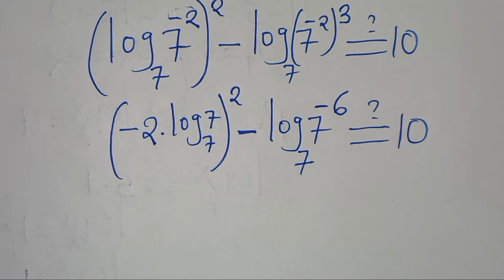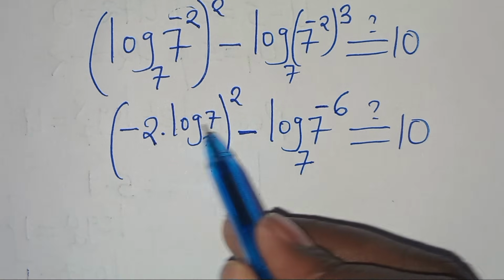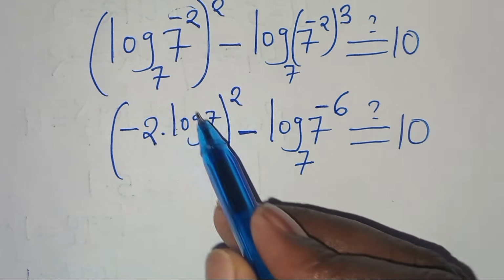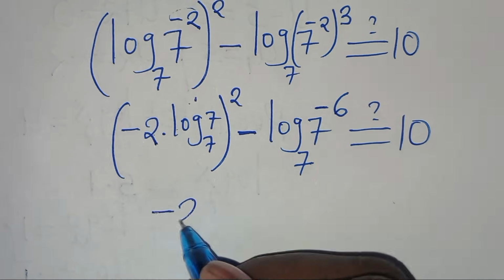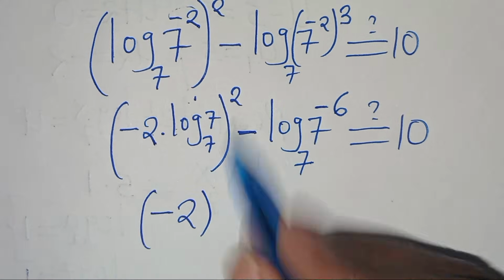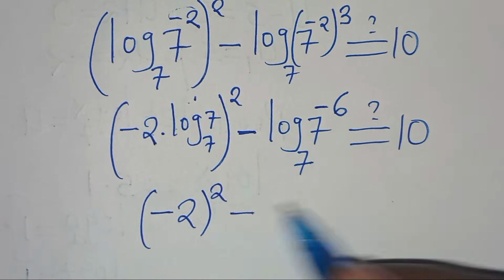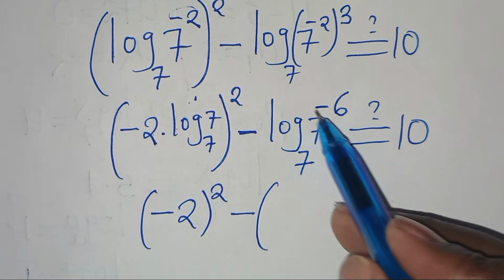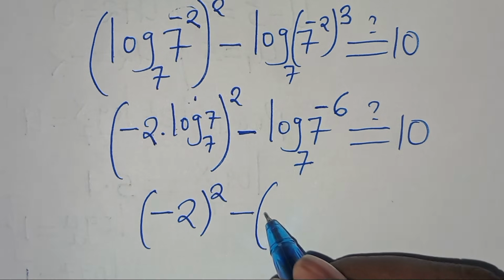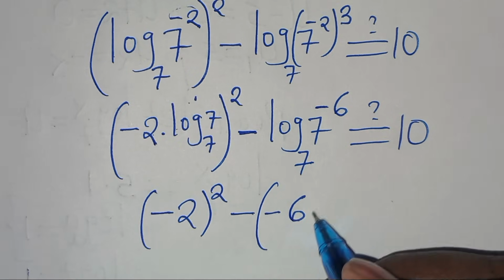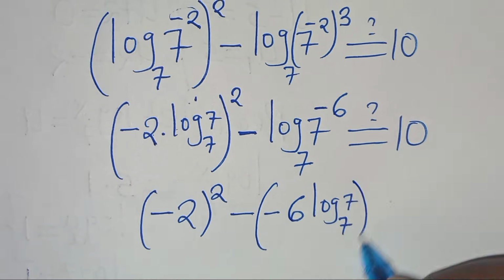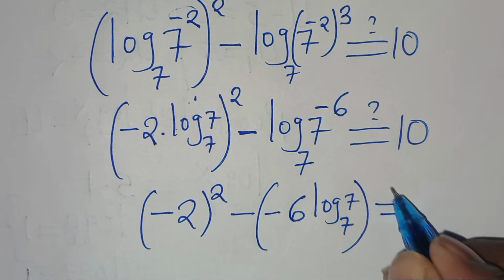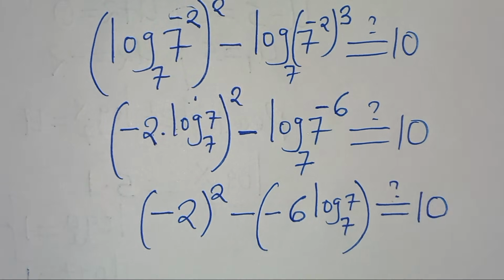So in this case, log 7 to base 7 is the same thing as 1. So we have minus 2 times 1, which is minus 2, then raised to the power of 2. Subtract, now minus 6 is the power here, so we can express this as minus 6 times log 7 under base 7. This is supposed to give us a value of 10.